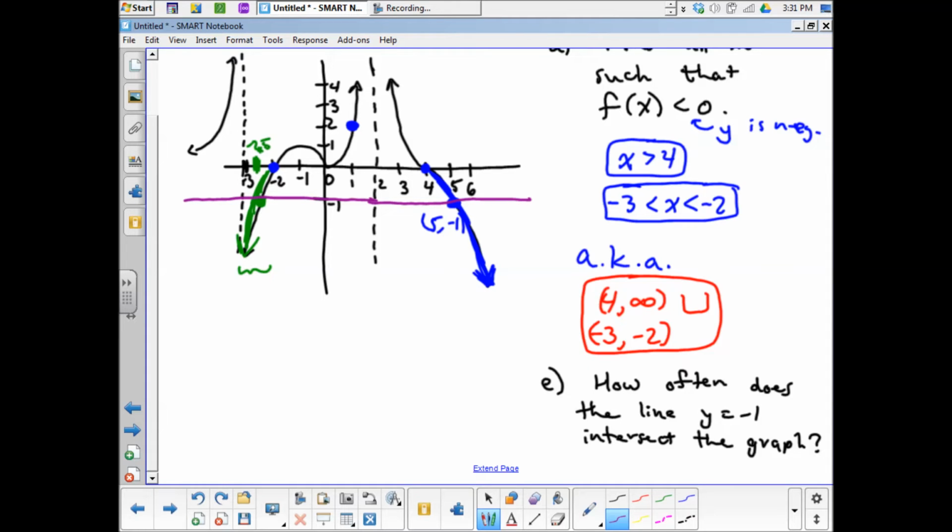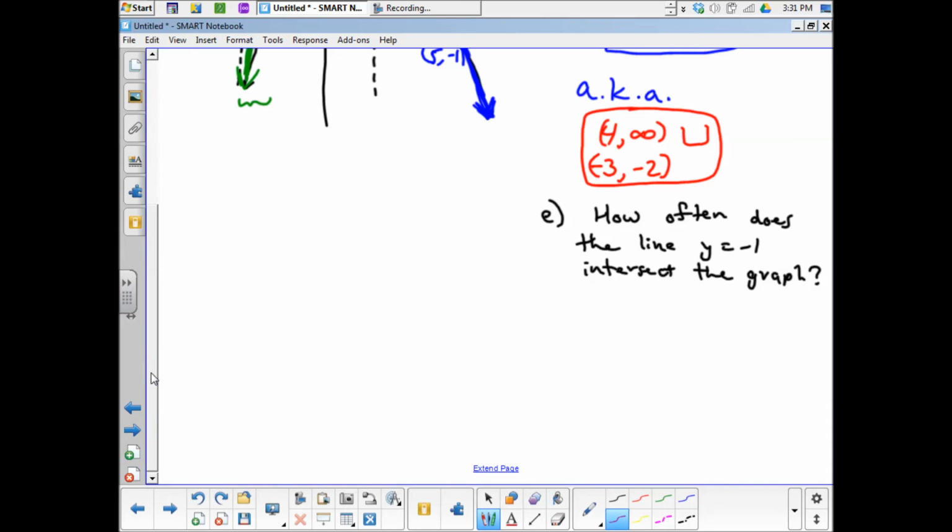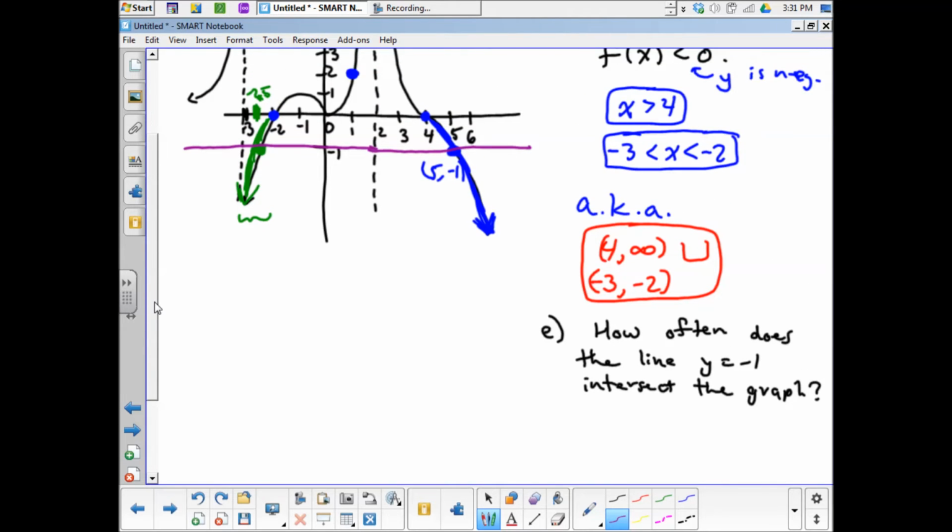Okay, and here's what the question is asking. Basically, how many times did that purple line I just drew impact my black graph? Well, it happened right here and right here. So I would say twice.